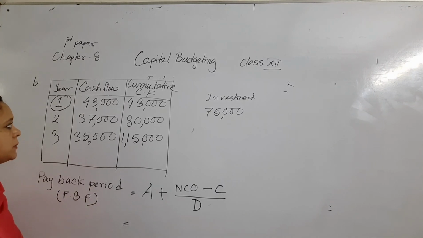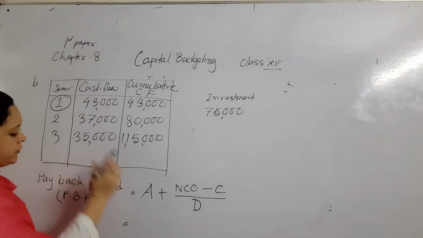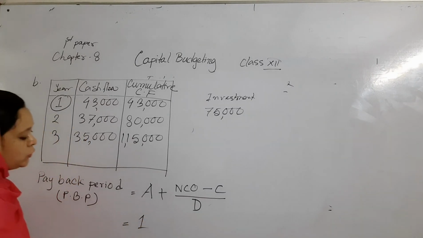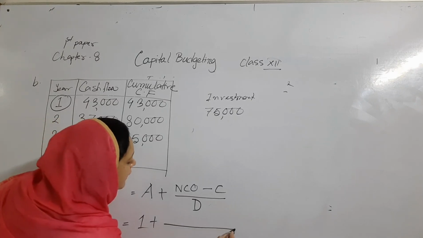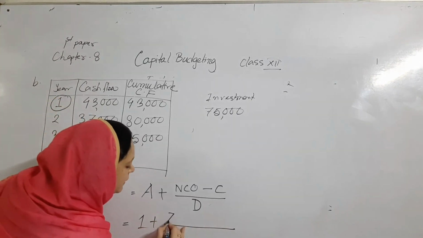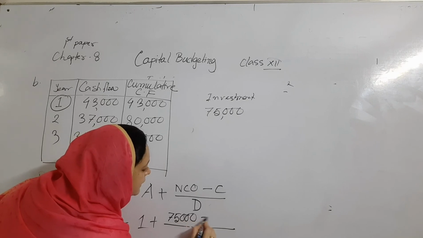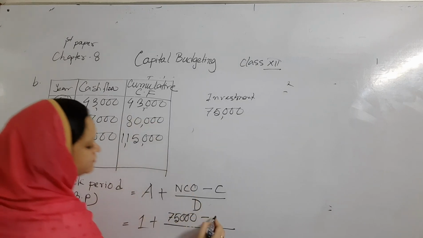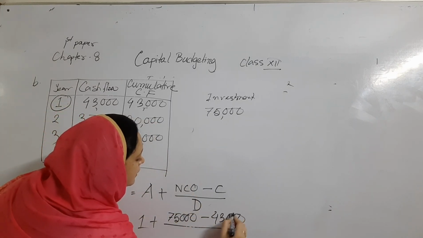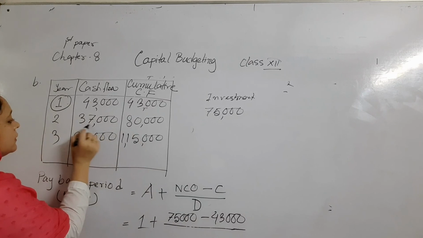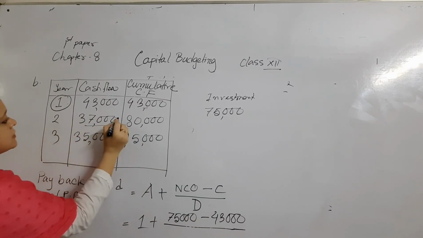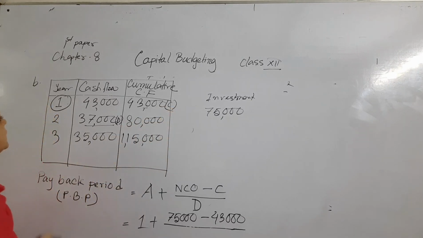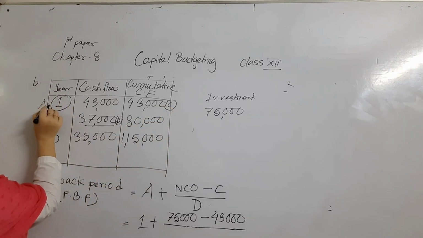So 1 is the full year to recover, plus NCO means initial investment 75,000, minus the cumulative of full year, this one 43,000, and the next year cash flow is this one, D.